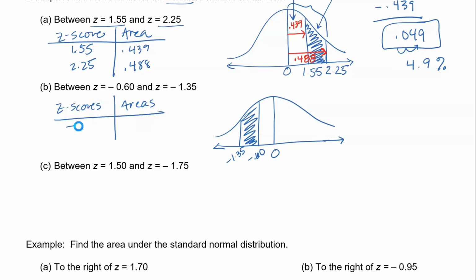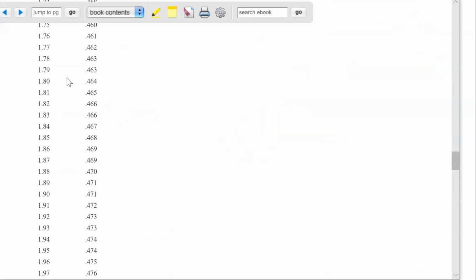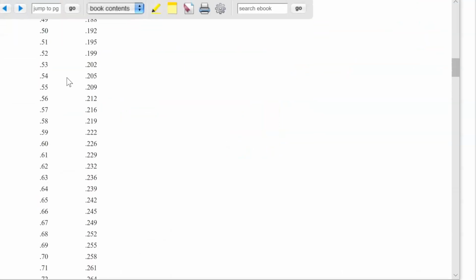When you look up on the table, notice that none of the z-scores are negative. Well, the curve is symmetric, so if you want to find the area for negative 0.60, you can just find the area for 0.60. So we've got 0.226 for that one.